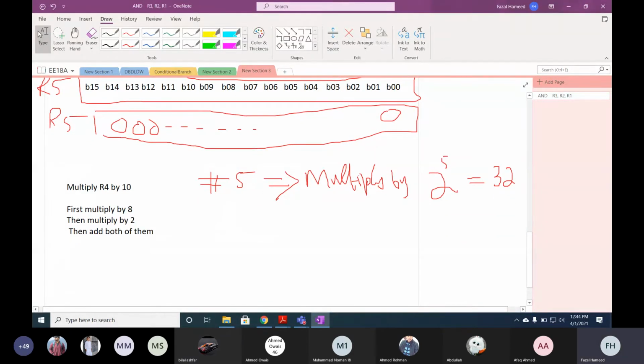Now, if we want to multiply R4 by 10, can we write it like this? Logical shift left R5, R4, hash 3. Now R4 is the source operand, and R5 is the destination operand.